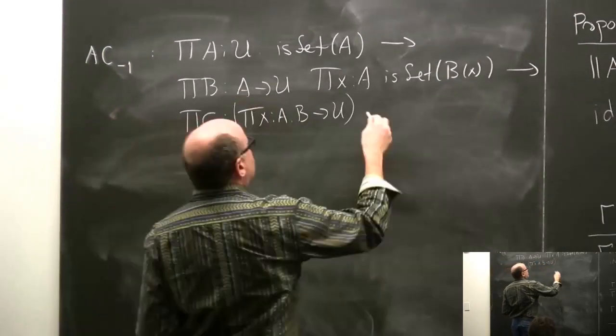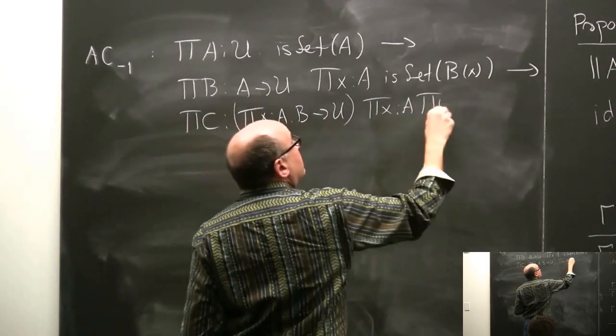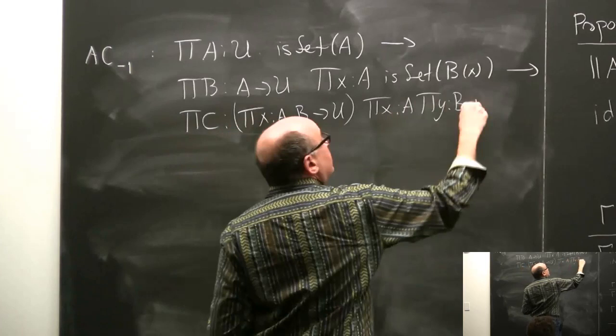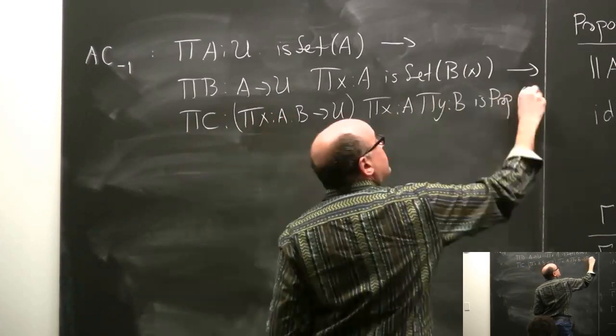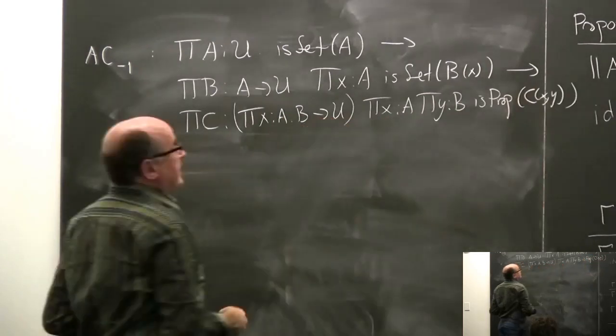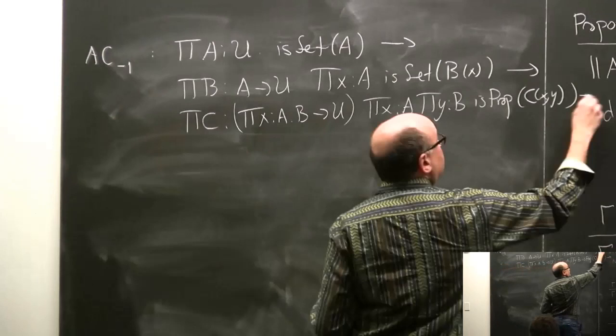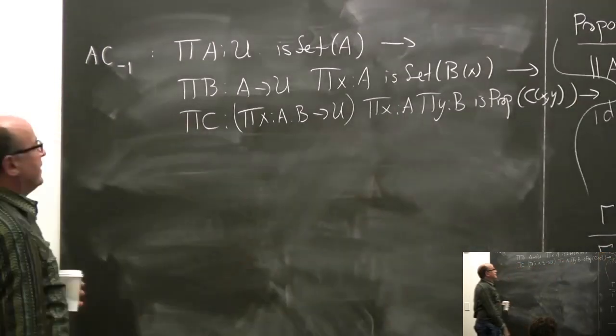But it's going to have the property that for every x in A and every y in B, that instance, C of x, y, is a prop. Okay? So that's where the -1 comes in. So then there's another arrow there. Sorry about that. Okay, so there's another arrow there.